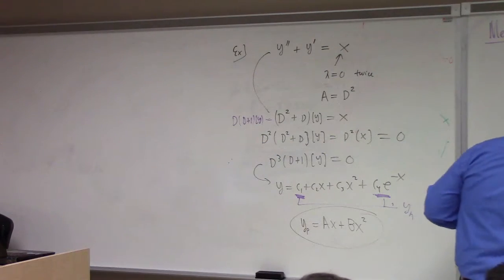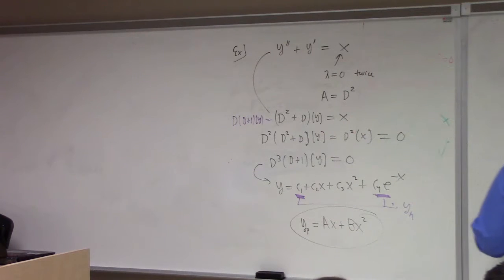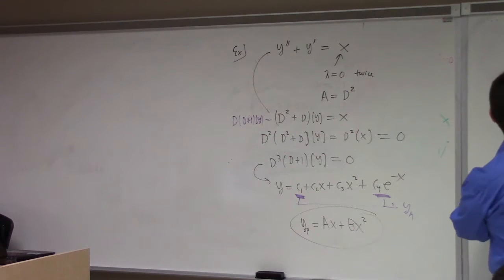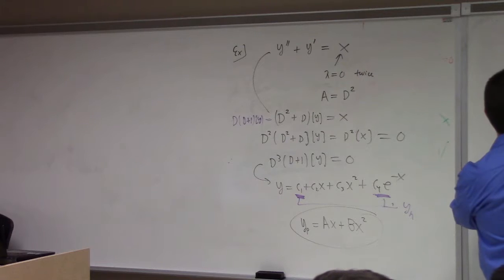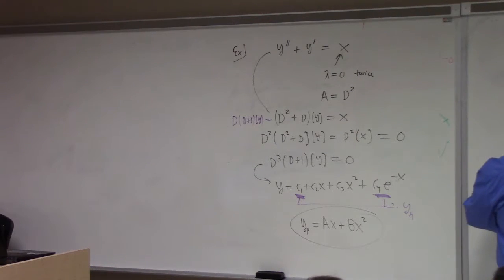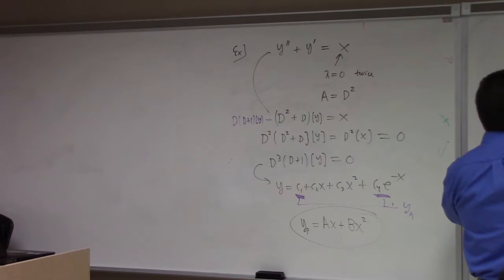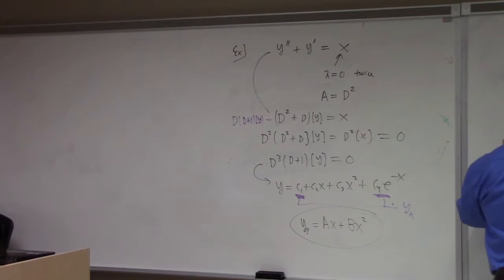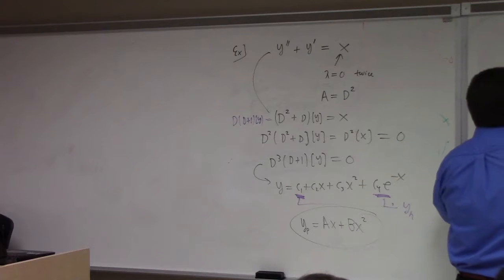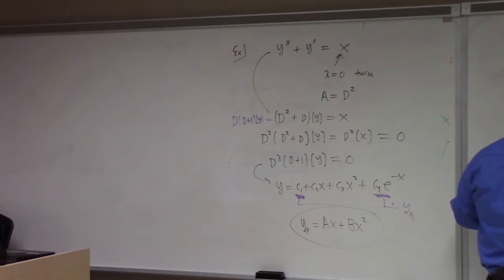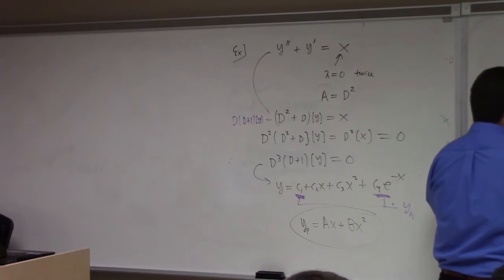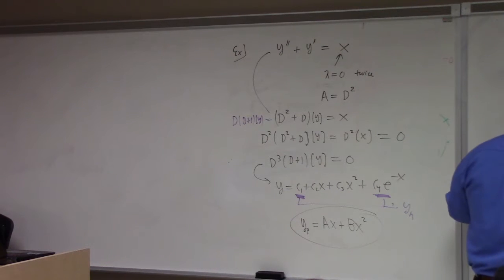Then all I got to do is differentiate that and plug it in to determine my undetermined coefficients. Let me do that. So yp is ax plus bx squared, yp prime is a plus 2bx, yp prime prime is 2b.